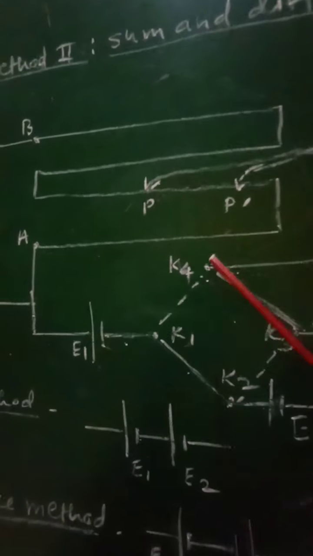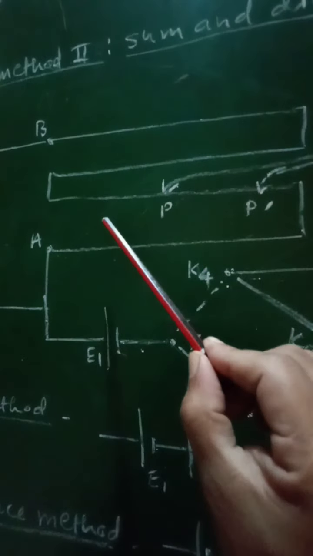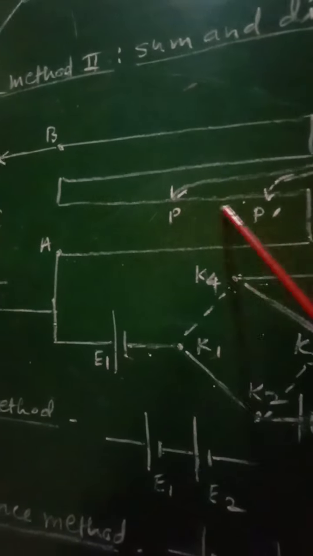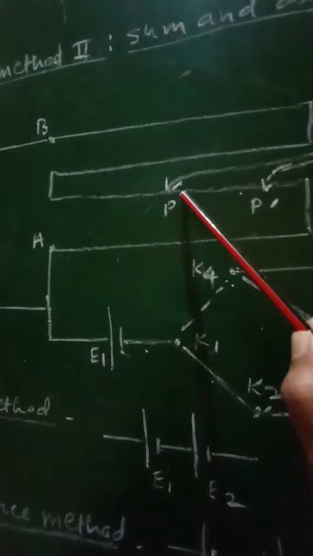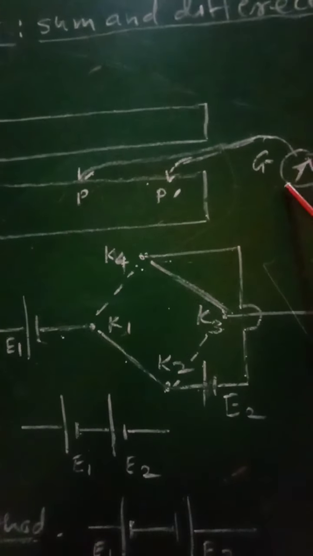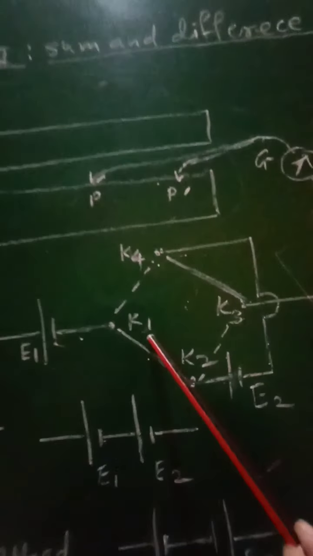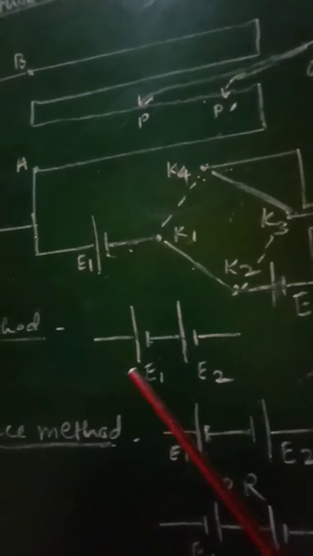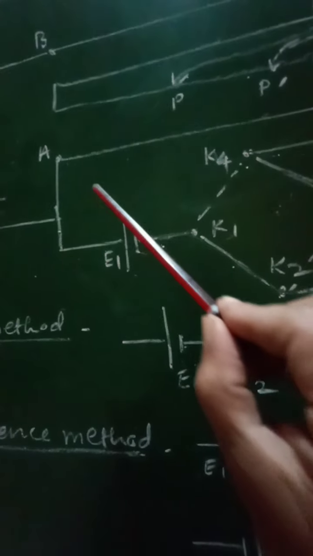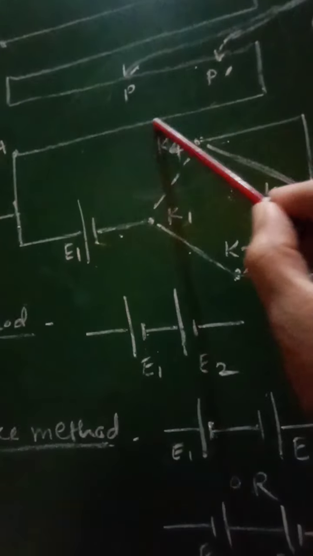When this jockey is slid and touched at different points along the length of the wire, at a particular point P, null deflection will be shown by this galvanometer. In this case, as cells E1 and E2 are connected by the sum method, the total resultant EMF will be E1 plus E2, and this EMF E1 plus E2 will now balance the potential difference across the length of the wire AP.